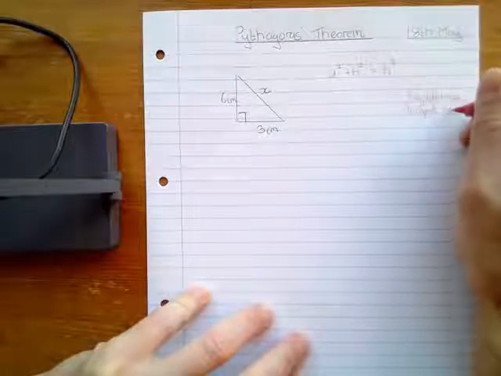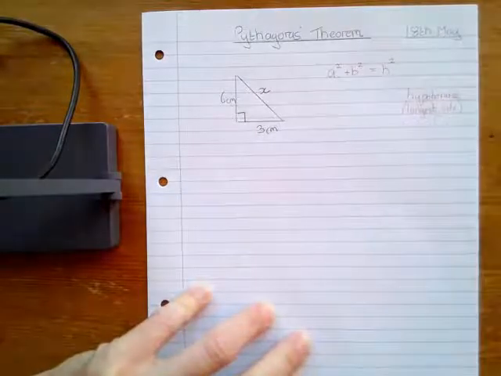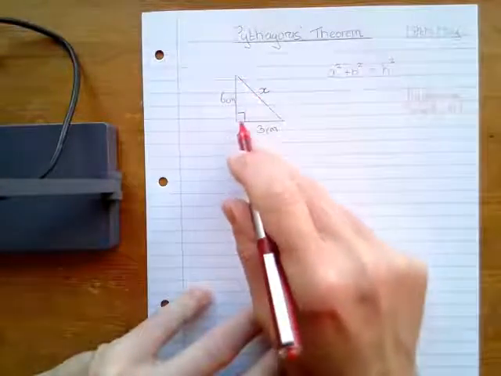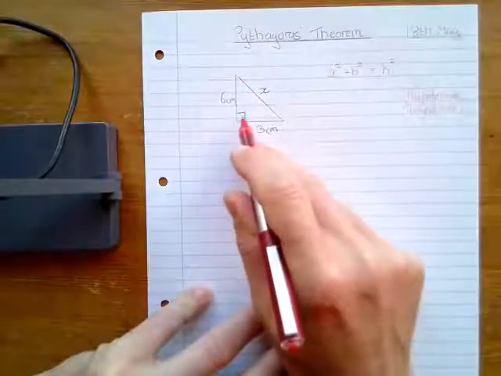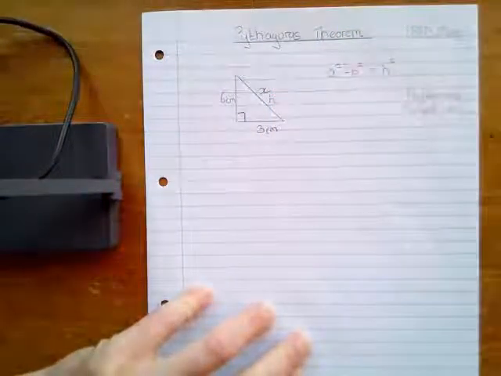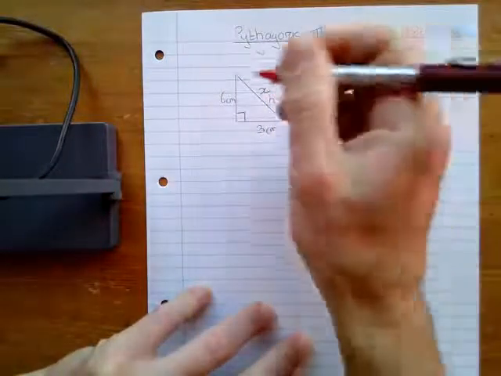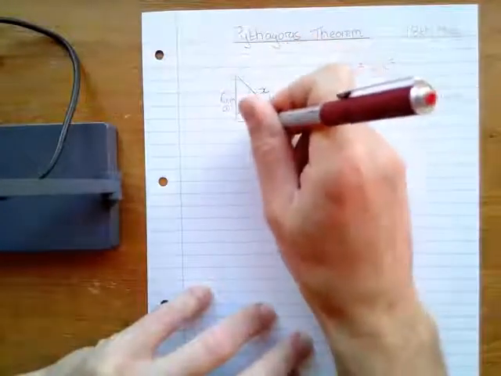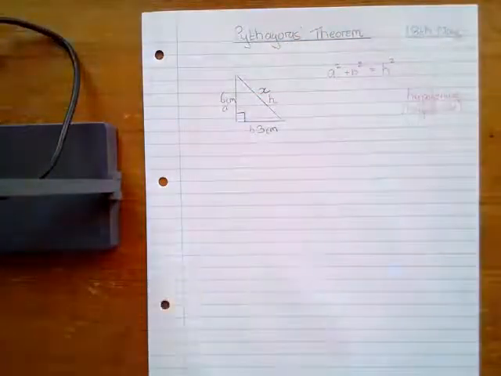Now, the longest side of a right-angled triangle is always the side that's opposite the right angle itself. So this is the longest side here, h. That means the other 2 must be a and b. So I'll label those up, a and b, like that.